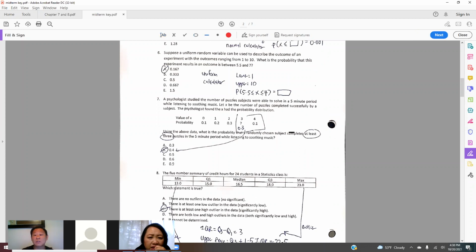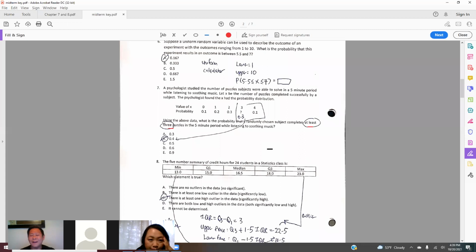This question is asking you for at least 3. See, reading questions. This is why I caught you guys a lot. That's why I'm wondering, do you guys meet my requirement? Because one of the requirements for my class, besides math, is reading comprehension. So at least 3 means you have to add 3 and 4. So that's why your answer in this case is 0.4, not 0.3.